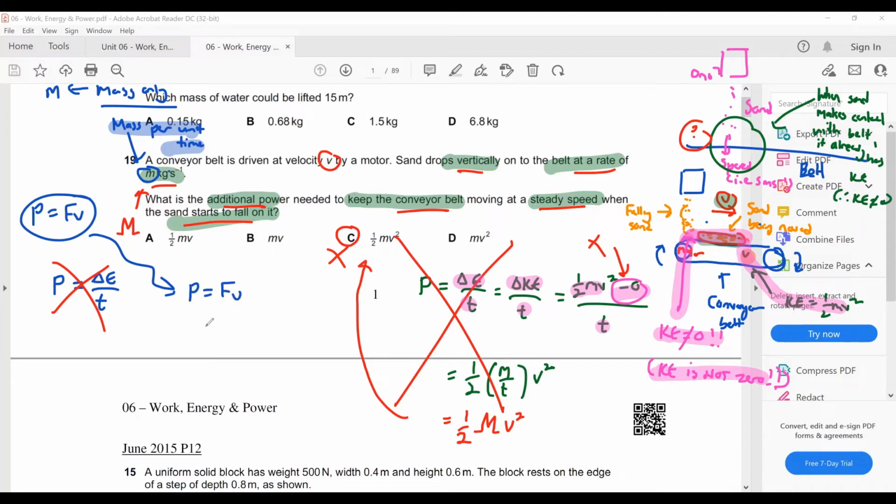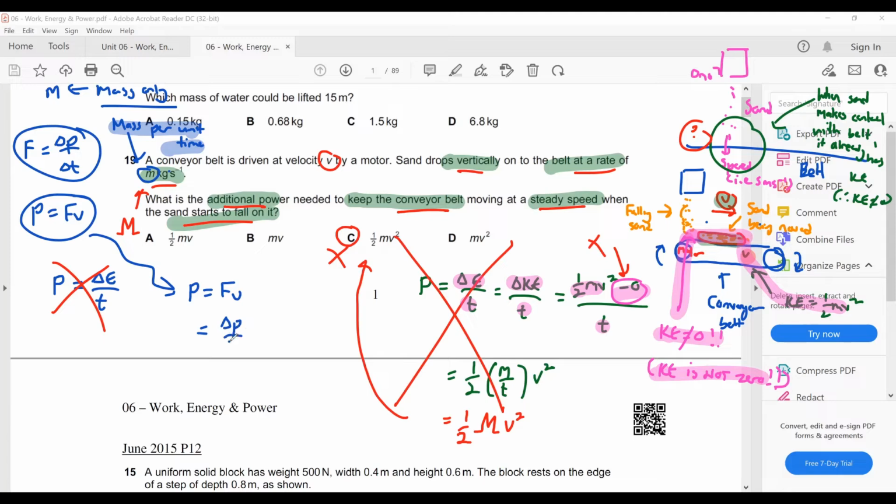Now, F you remember as this, right? In the last few chapters, force is rate of change of momentum. So right now, what you can do is change your force into rate of change of momentum.